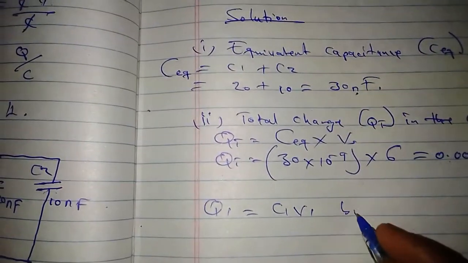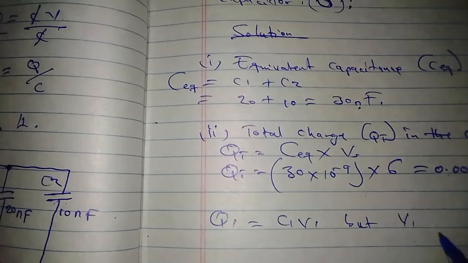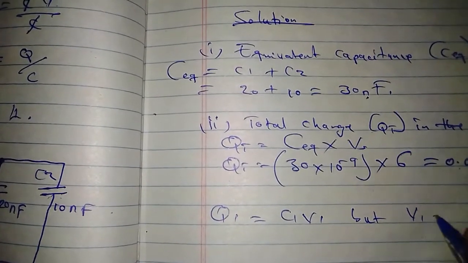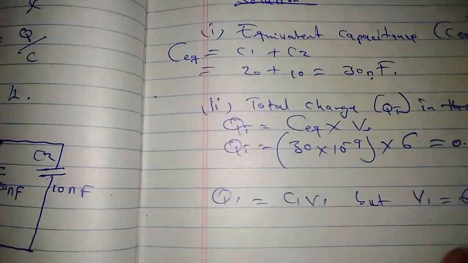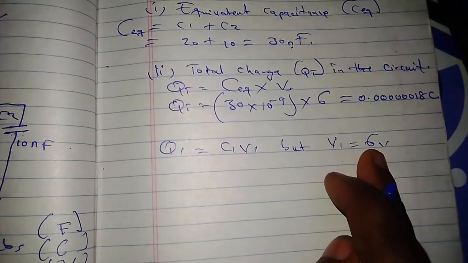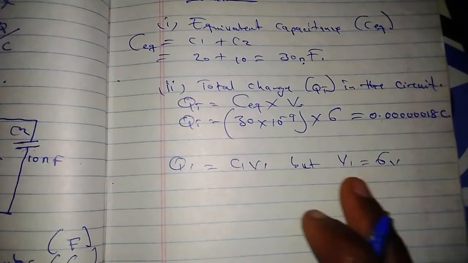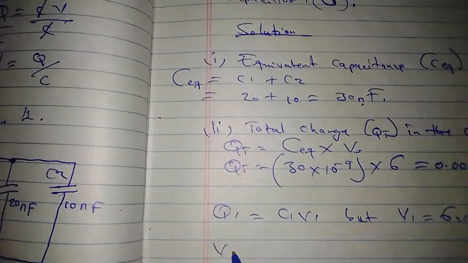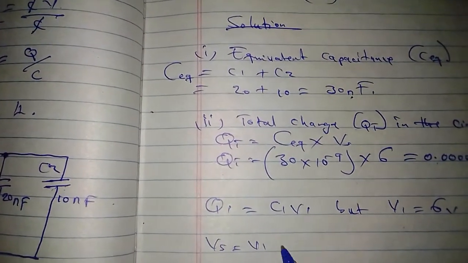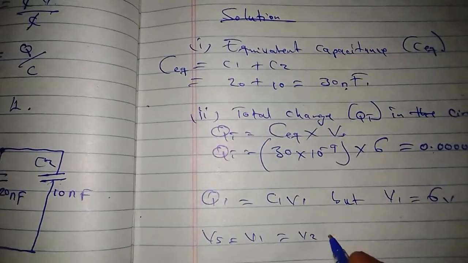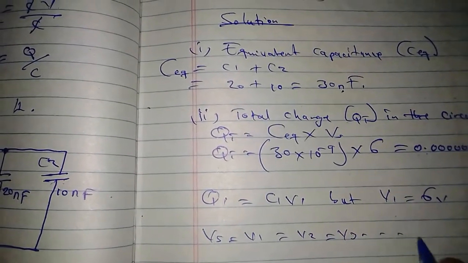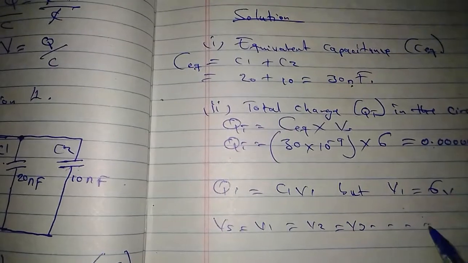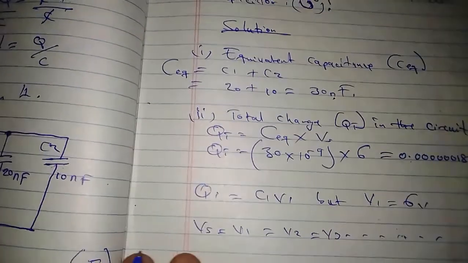But V1 is equal to 6 volts. Which means Vs is equal to V1 equal to V2 equal to V3 in that order, which means voltage is the same.